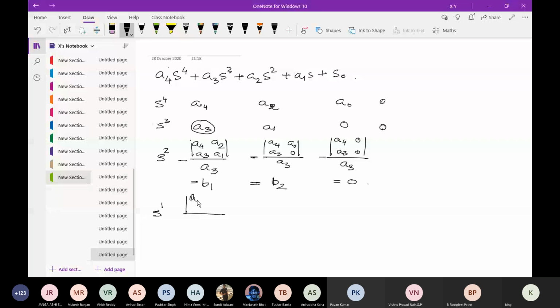So I'll have A3, A1, B1, B2, minus sign, and divide by B1. So let us call this C1, minus sign.